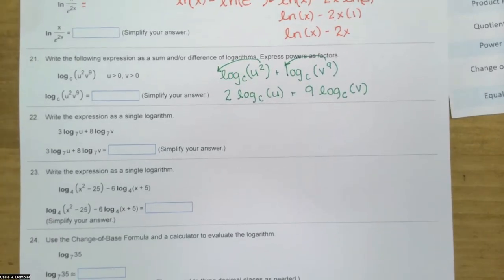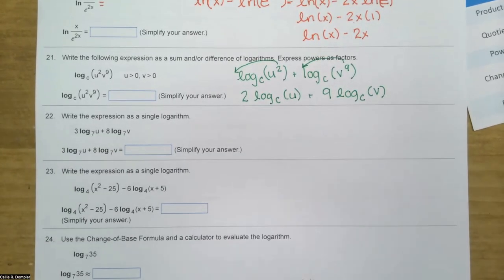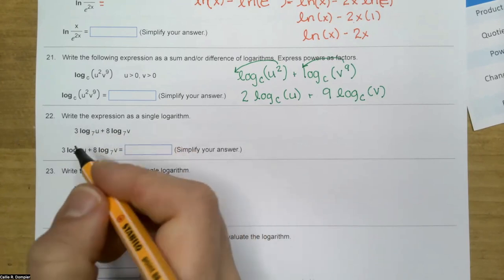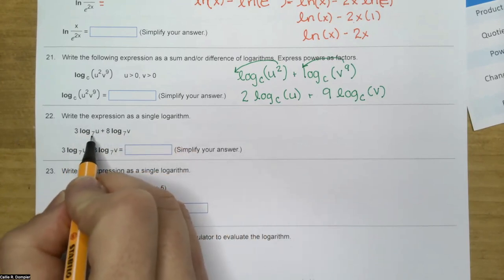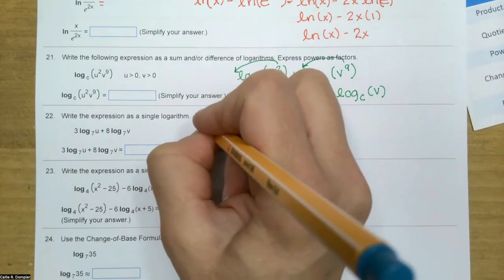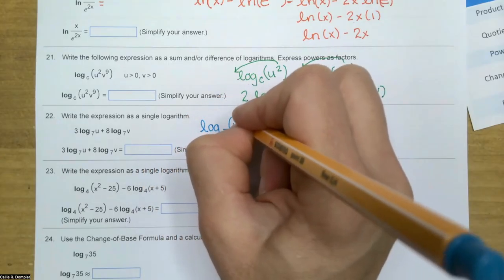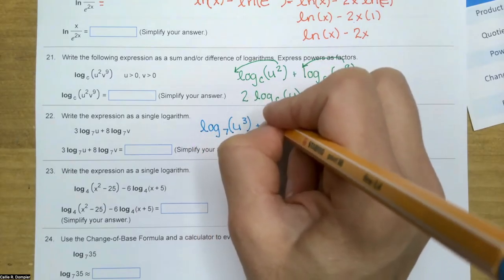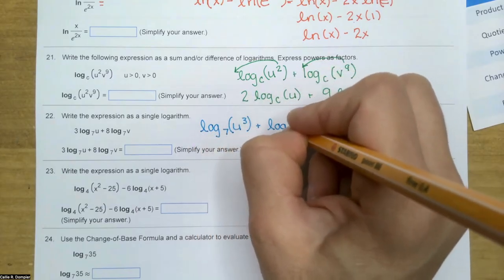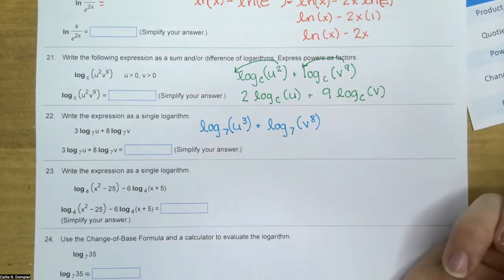Now we're going to do the opposite, where we take it from a sum of logs to a single logarithmic expression. So here we have 3 times log base 7 of u. That becomes log base 7 of u to the power of 3 plus log base 7 v to the power of 8, right?